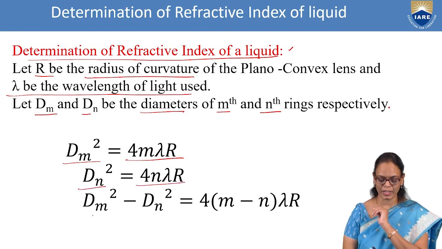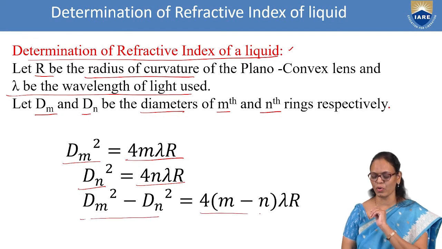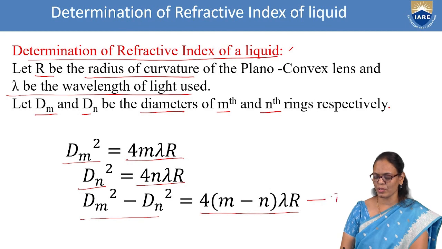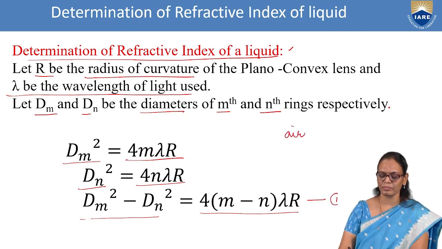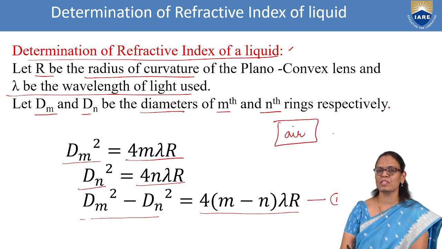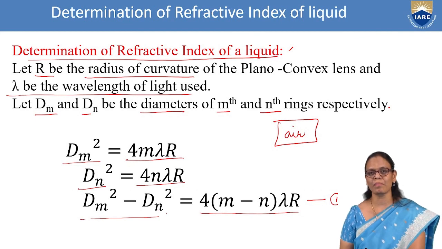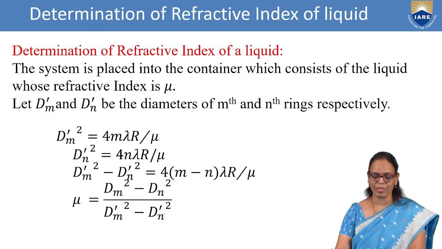And if you are subtracting, dm square minus dn square is equal to 4 into (m minus n) into lambda r. Let this be equation 1. This is the setup we have put only in air. So first we are doing the experiment in air and we are trying to calculate the diameters and find dm square minus dn square.